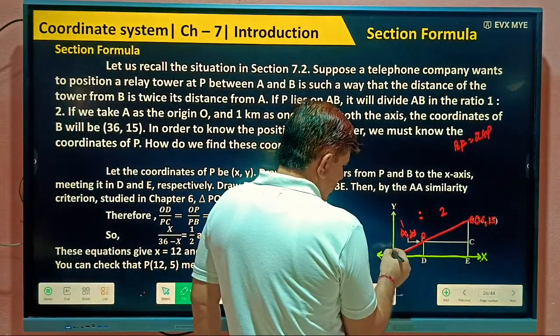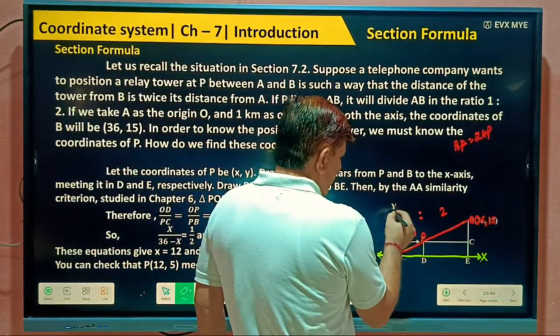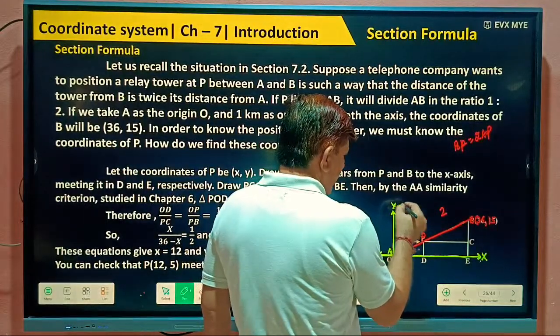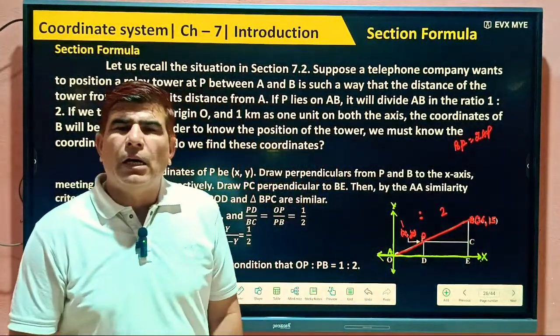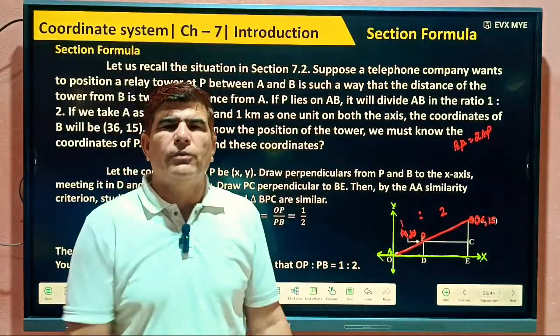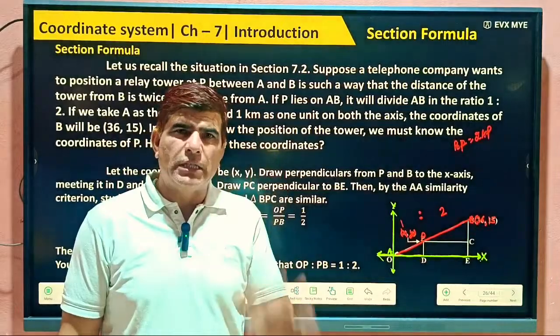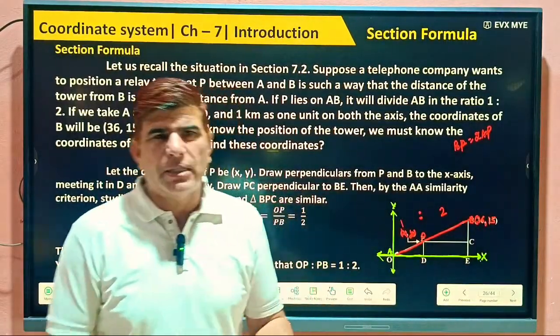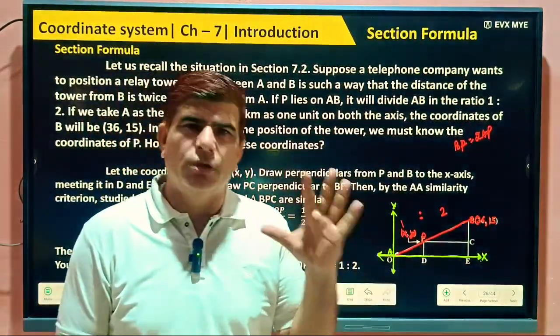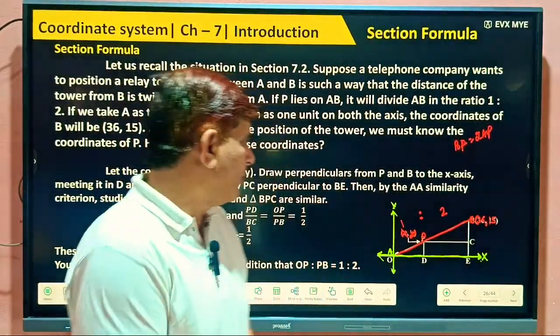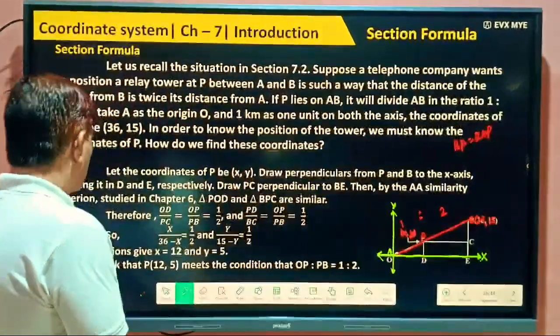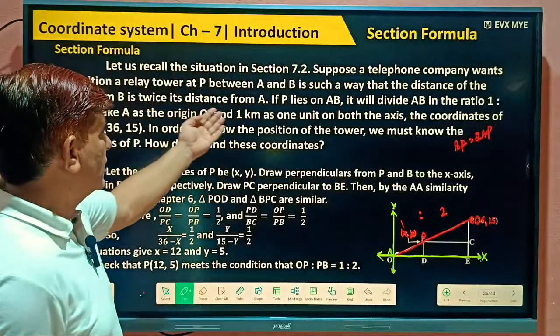And A is the origin, meaning the point where both x and y are 0. In other words, a point whose distance from the x-axis and y-axis is 0 units is known as the origin. Understood?